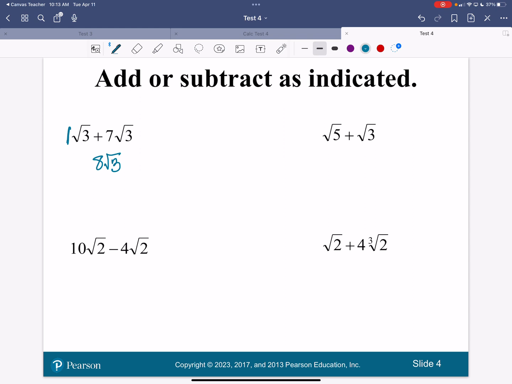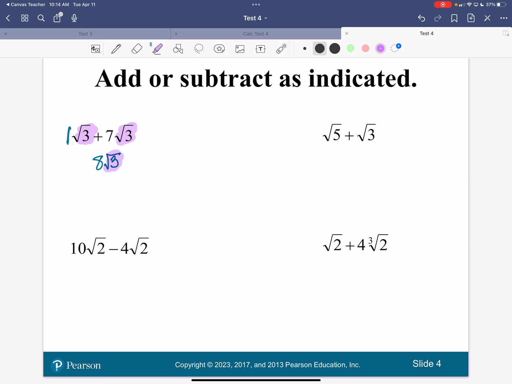Think of it the same way that we think about x. Let me write the 3 a little better. There we go. So 1 on the square root of 3 plus 7 on the square root of 3 is 8 on the square root of 3. Square root of 3 stays the same, just like we would a variable.